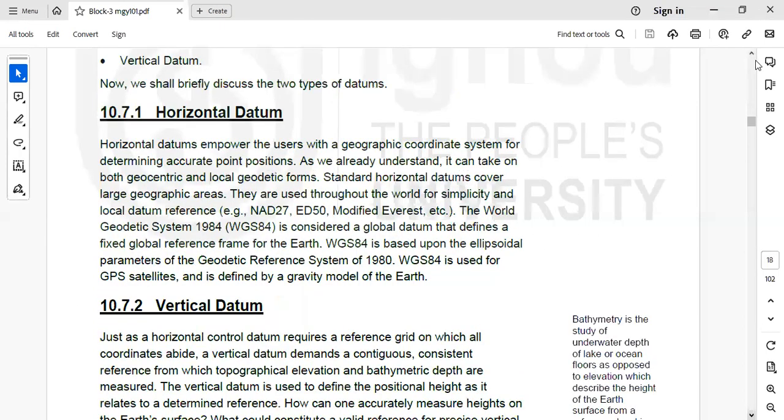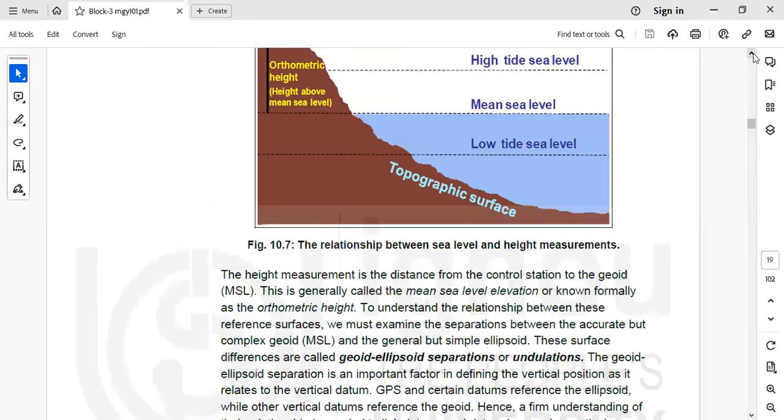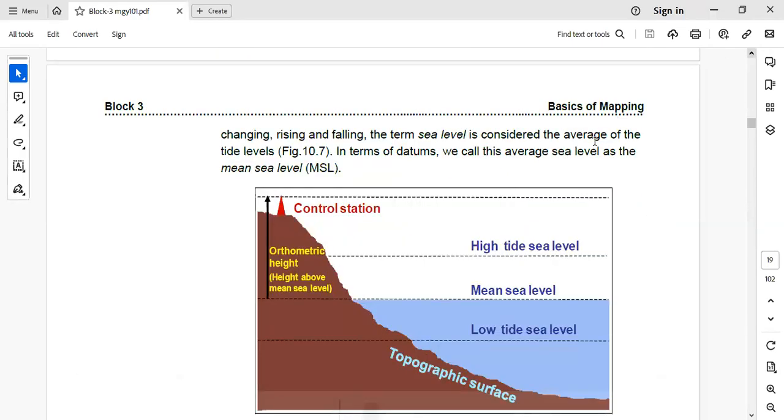And how we can measure, this is the interesting part. There is a term known as mean sea level. So how do we determine the mean sea level? Actually, mean sea level represents the average of low tide and high tide sea levels.